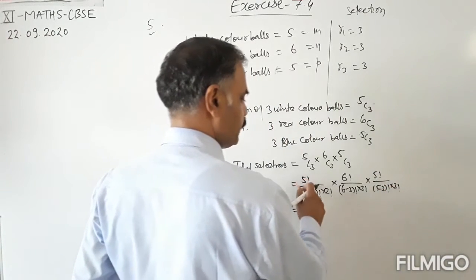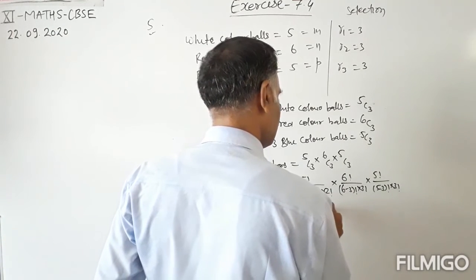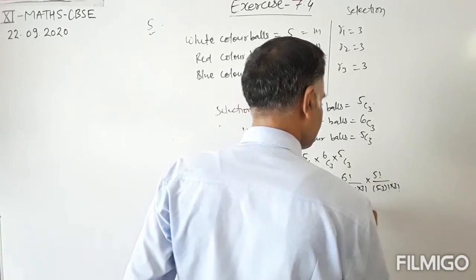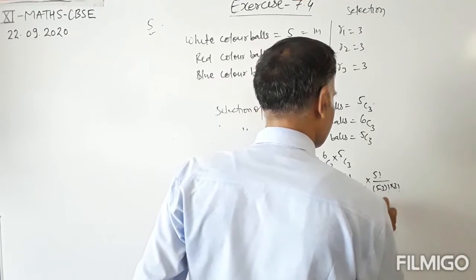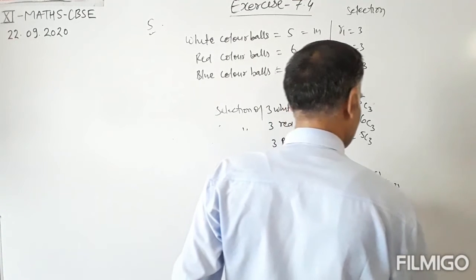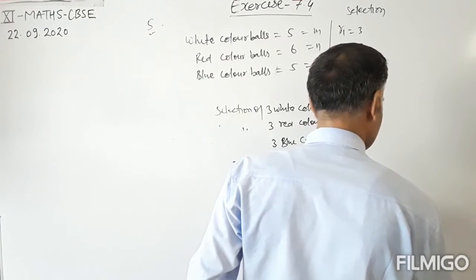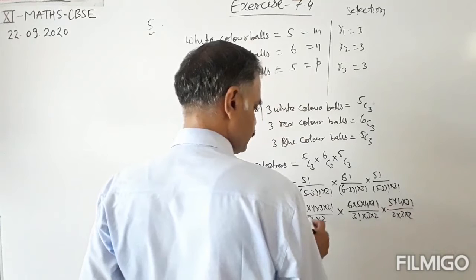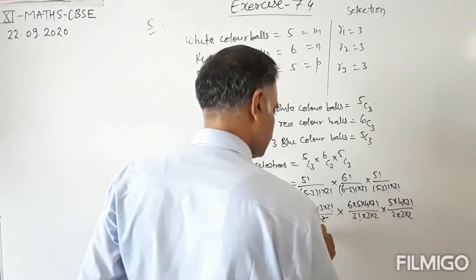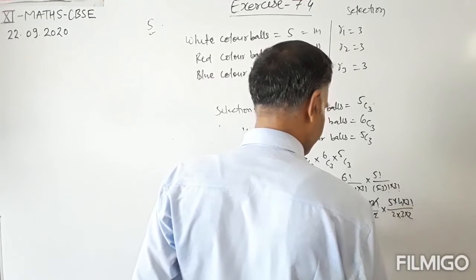So 5 factorial upon 2 factorial into 3 factorial: 5 into 4 into 3 factorial upon 2 into 3 factorial, which is 10. Then 6 into 5 into 4 into 3 factorial upon 3 factorial into 3 into 2, which is 20.